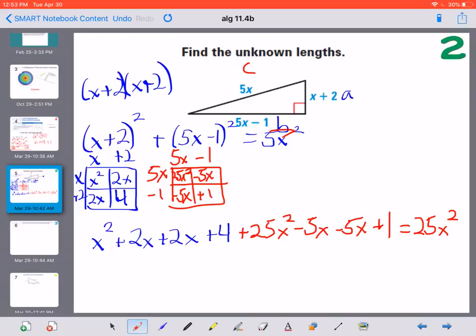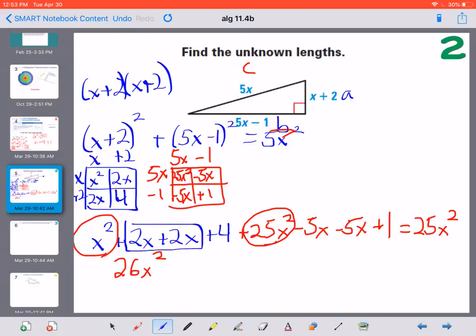Alright, so we got something really long, but what I see is like terms. So I see that I have an x squared and an x squared here. So x squared plus 25x squared is 26x squared. Then I see that I have some x's, 2x plus 2x, negative 5x plus negative 5x.